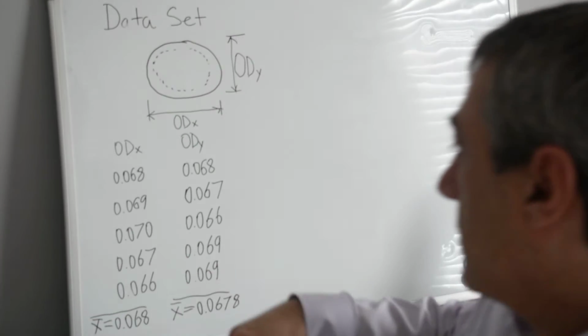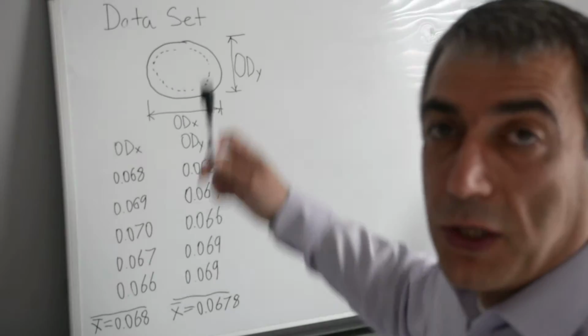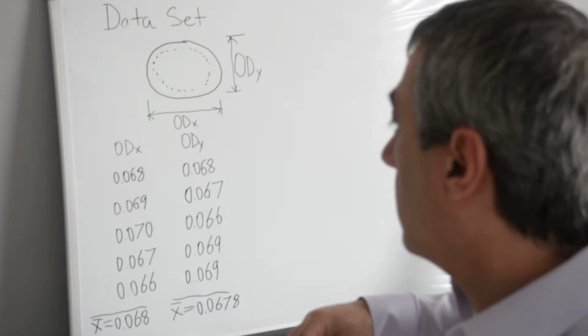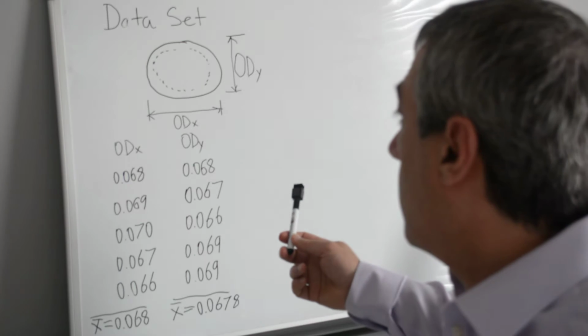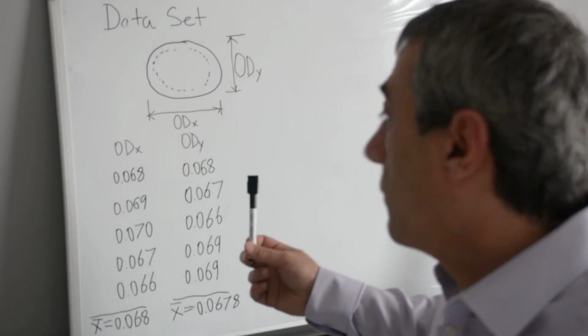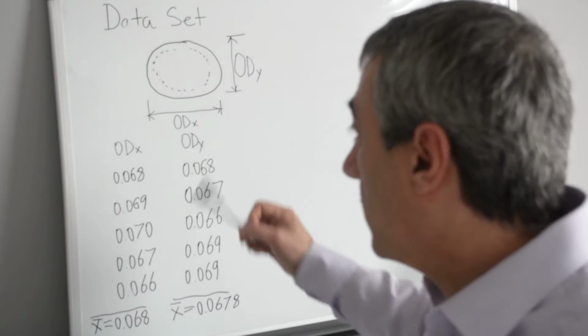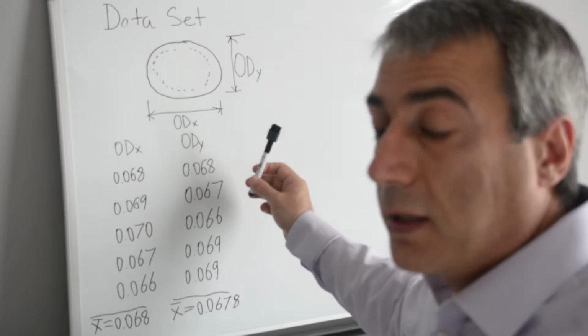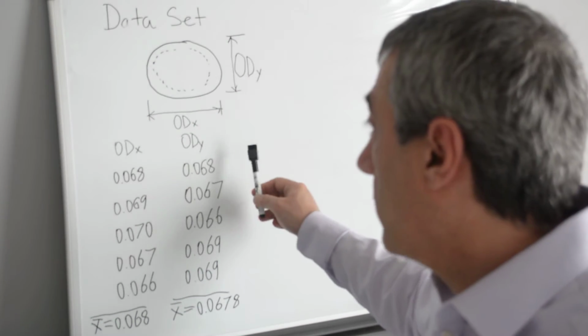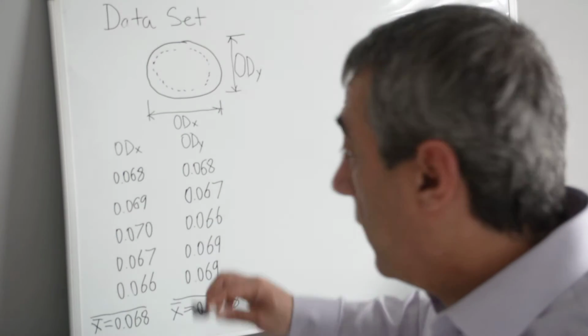So I have prepared a data set which represents the outer diameter measurements of catheters. On the production floor we are utilizing dual axis laser micrometers which take the measurements of the catheter OD in X direction and Y direction.